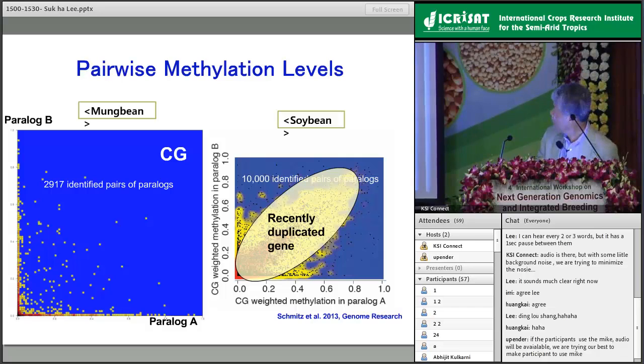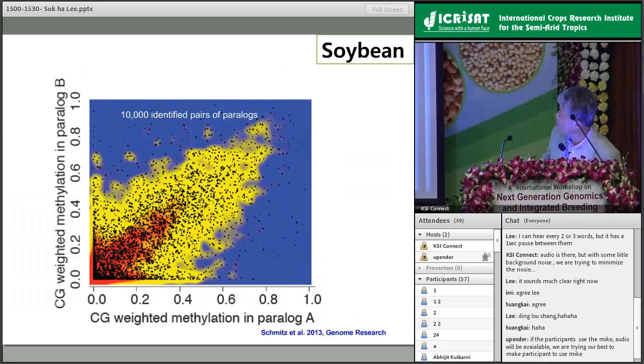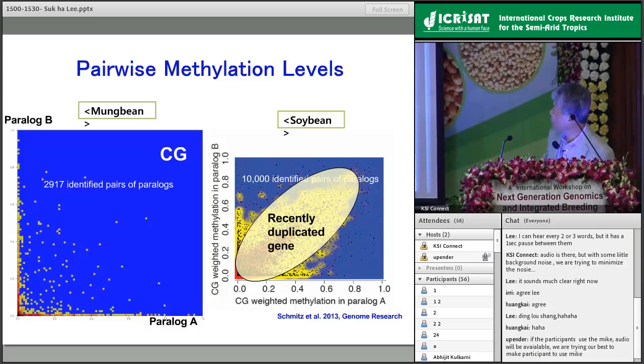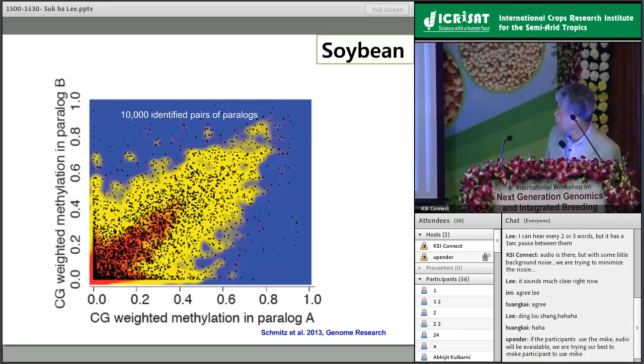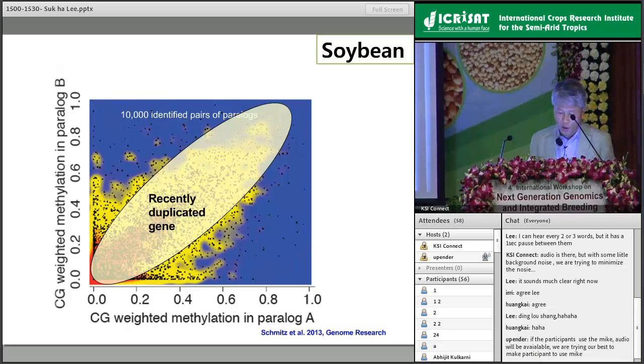However, the mungbean crop has a different methylation pattern from the soybean crops. As I mentioned earlier, soybean has two different duplications, an ancient one 58 million years ago and a recent one 30 million years ago. So the recently duplicated genes may have the same methylation pattern between paralogs.